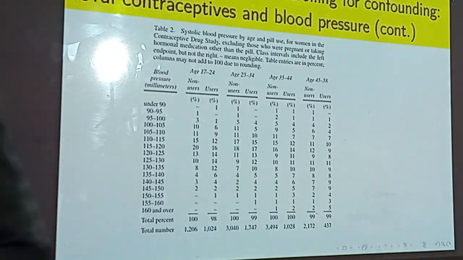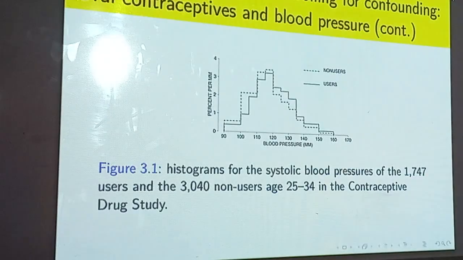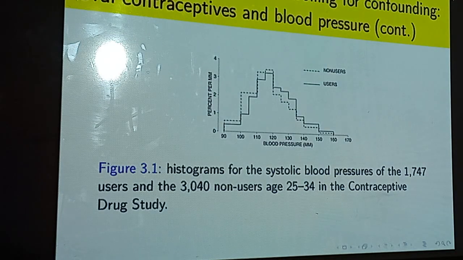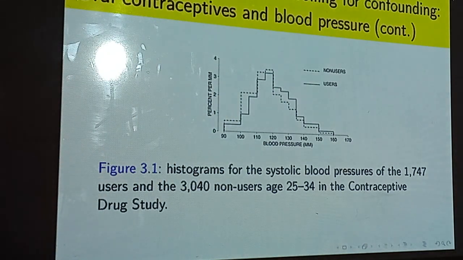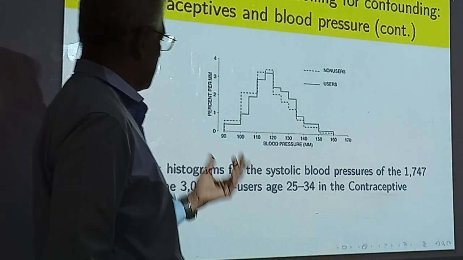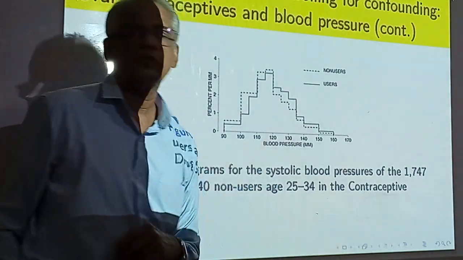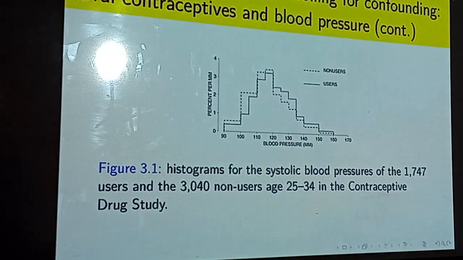So they have shown one graph only, right? These are the two histograms of blood pressure for users and non-users in the 25 to 34 age group. So roughly one age group. Within that we can see that they are roughly the same blood pressure due to age.